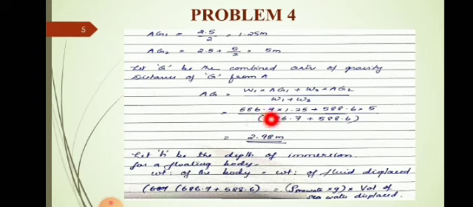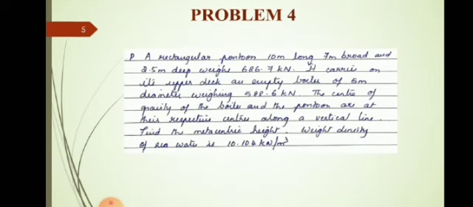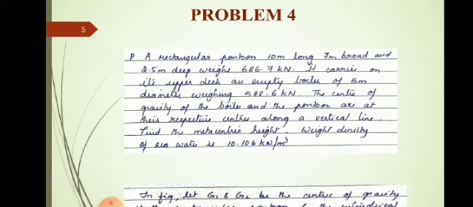So 686.7 into 1.25 meter plus W2, the weight of the cylindrical portion alone, which is 588.6, into AG2, which we have found out as 5 meter, divided by W1 plus W2, 686.7 plus 588.6. So AG value you have obtained as 2.98 meters. Now what are you asked to find out? You are finally asked to find out the metacentric height.